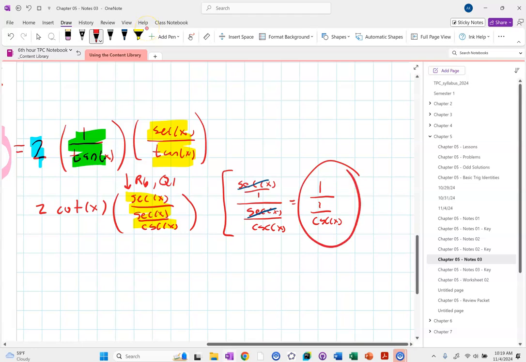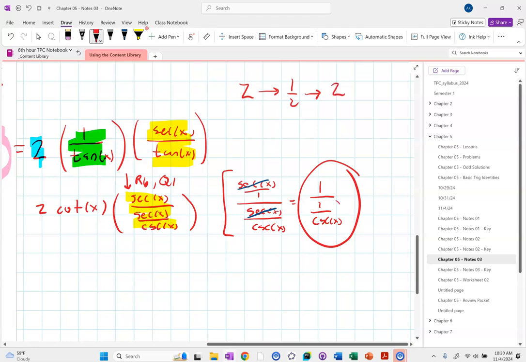When I look at this, this is the reciprocal of the reciprocal of cosecant. If I do the reciprocal of a reciprocal, what's that the same as? Let's say we start with 2. What's the reciprocal of 2? 1 over 2. What's the reciprocal of 1 over 2? 2.